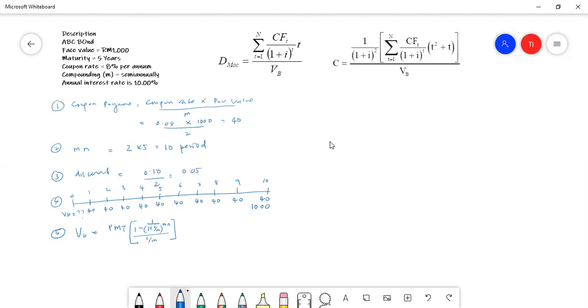So this reflects the annuity. You can see this figure. The formula reflects the present value interest factor annuity, plus the face value multiplied by 1 plus i over m to the power of minus mn.